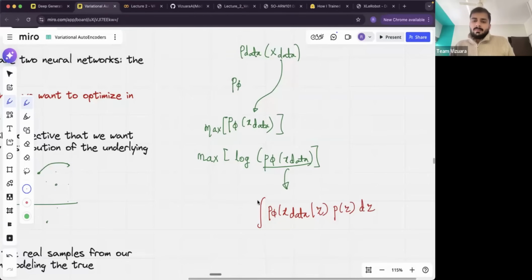So you need to maximize this integral, which means that finding the probability of x data given z and probability of z. So this has to be done for all the latent variables, which is very hard to find, and this is intractable.